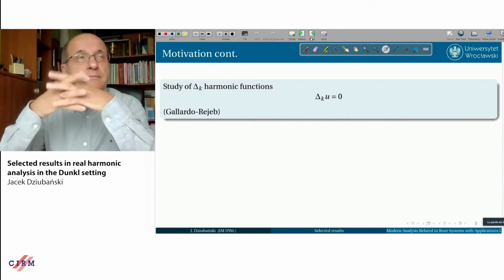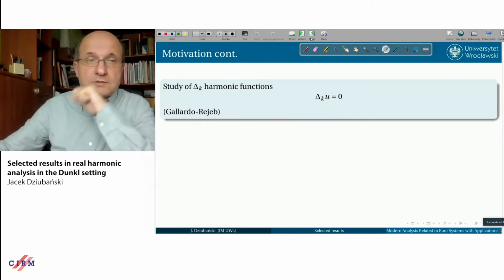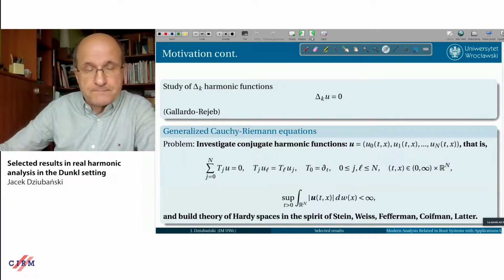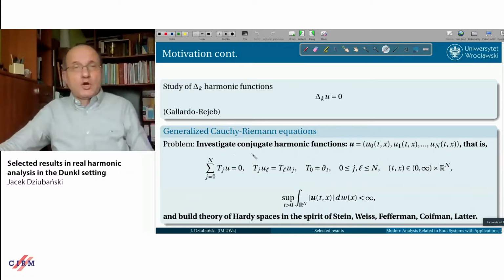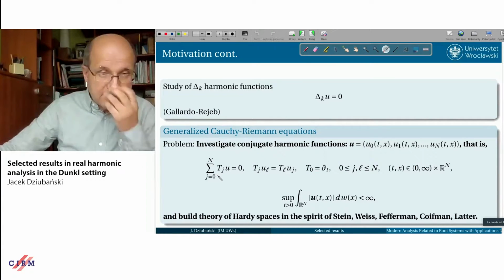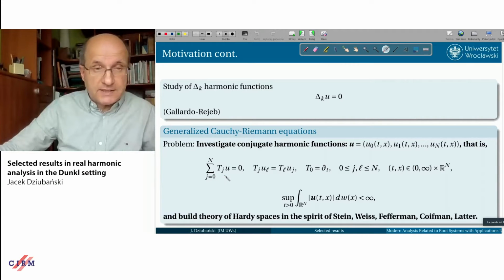Another problem which one can attack is to study Delta_k harmonic functions. Many results were obtained by Gallardo and Rejeb, but we may ask the following problem: to investigate conjugate harmonic functions. This is a system of n plus 1 functions which satisfies the generalized Cauchy-Riemann equations, where the classical derivatives are replaced by Dunkl operators.